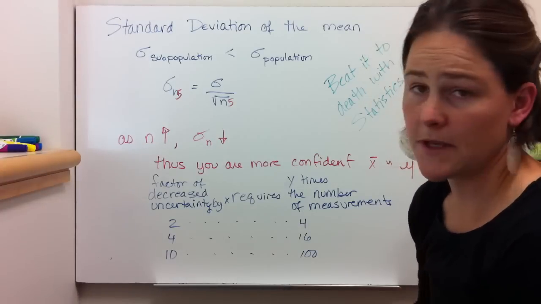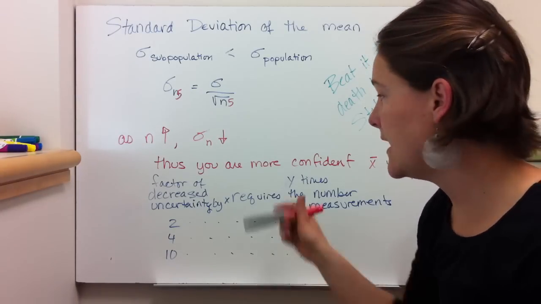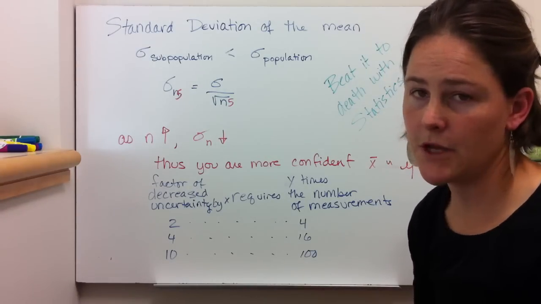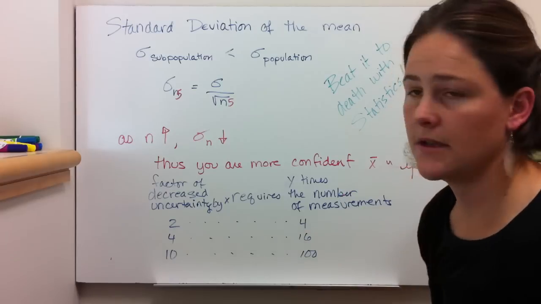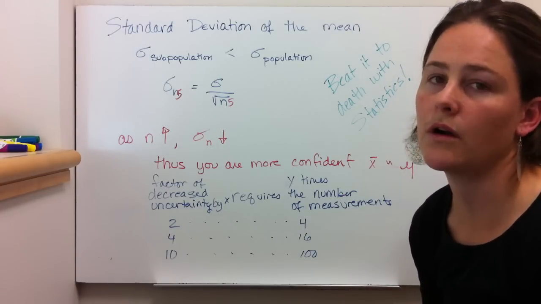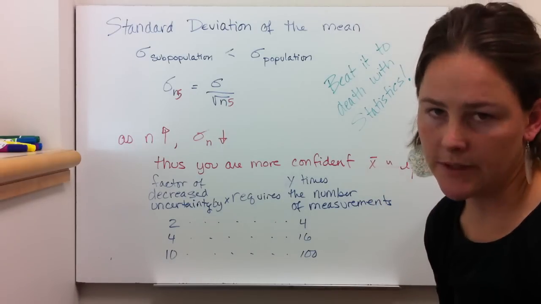So as the number of measurements goes up, your sigma n goes down. Thus, your measured x bar is more likely to be very similar to the population mean.